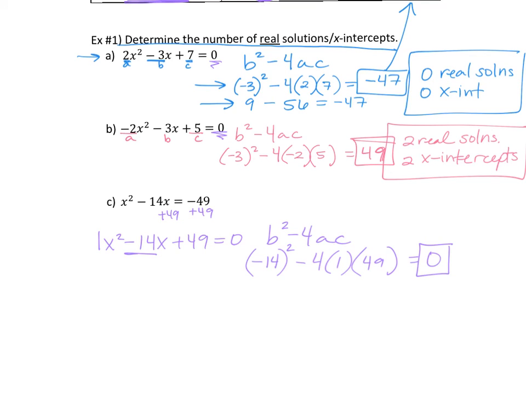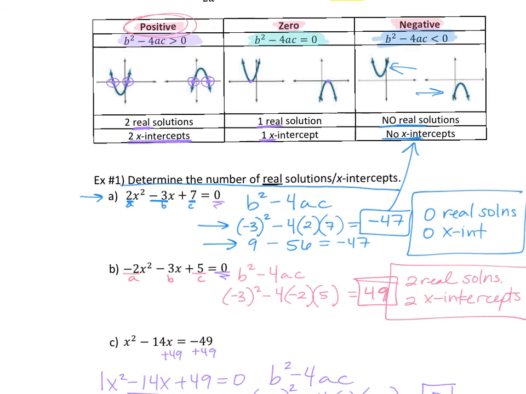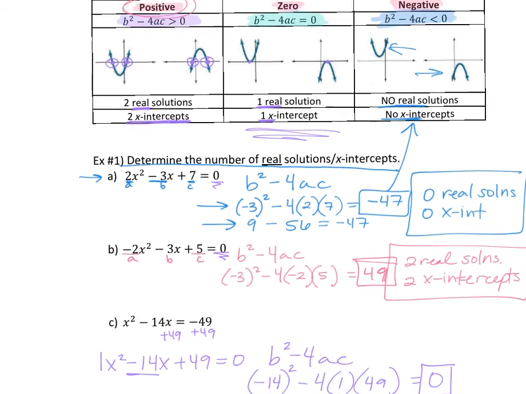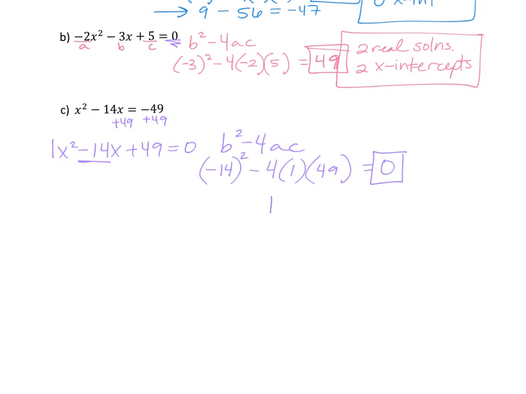So that means, and this is the tricky part, you see 0 and people go, oh, 0, no solution. 0 is not no solution. When it's 0, if you look back here, 0 is when it is 1 solution. So we have 1 real solution, which means 1 x-intercept.